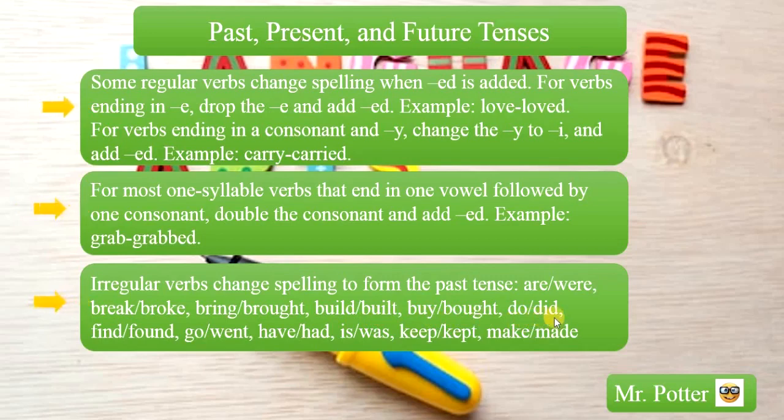Do changed to did. Find changed to found. Go changed to went. Have changed to had. Is changed to was. Keep changed to kept. And make changed to made. There are many other irregular verbs, and you can find them out.